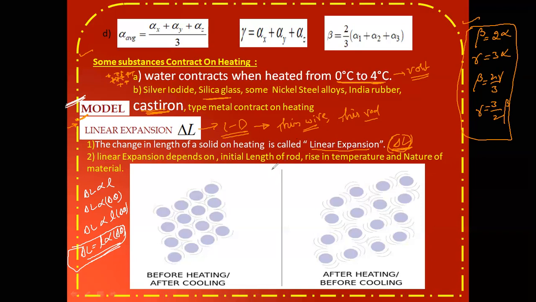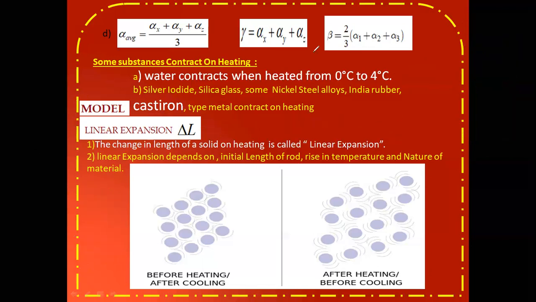And second is the linear expansion expression, delta L is equal to L into alpha into delta theta. These two points are enough. Delta L is directly proportional to initial length and rise in temperature, and it also depends on the nature of the material. Now, let us move on to the next slide.